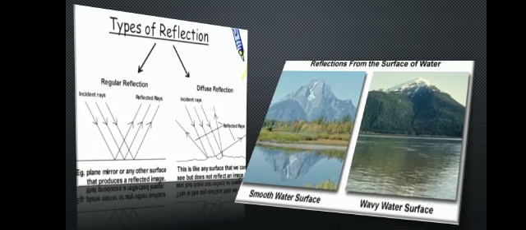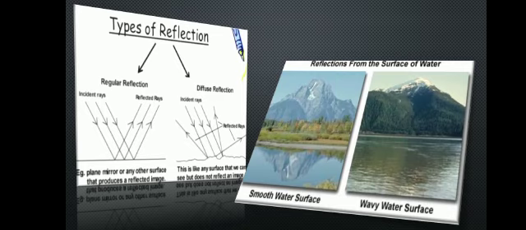There are two types of reflection, regular reflection and irregular reflection. Irregular reflection can also be called diffused reflection. In regular reflection you can see that the incident rays are reflected back obeying the laws of reflection, such that the angle of incidence is equal to the angle of reflection.